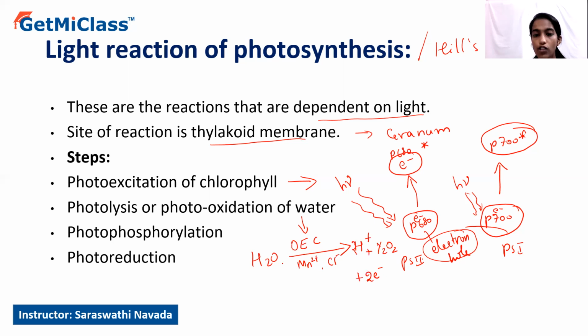This is called photooxidation or photolysis of water, where the water molecule is split into hydrogen as well as molecular oxygen along with electrons.